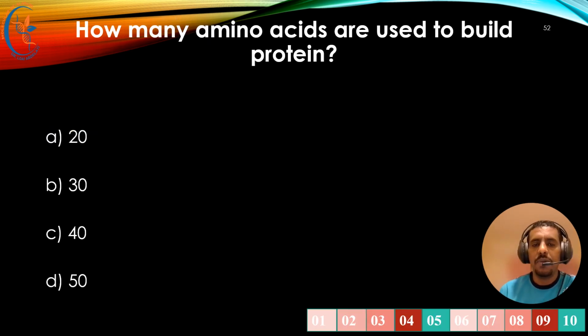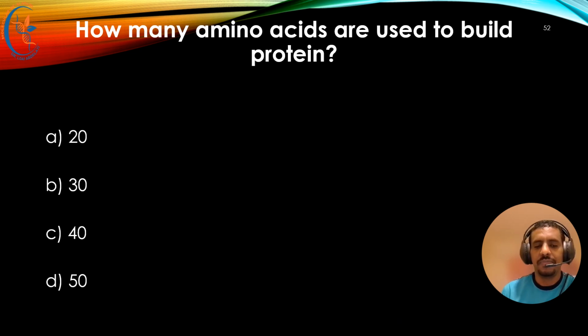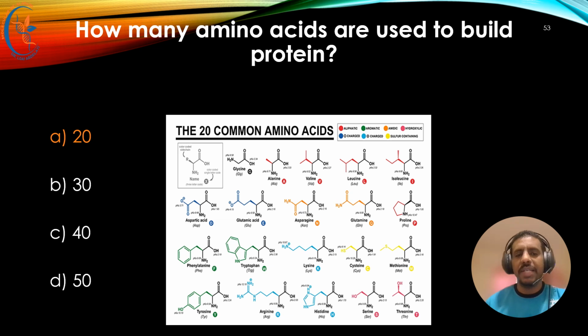How many amino acids are used to build proteins? 10 seconds. Let's go. 20, 30, 40, 50. The correct answer is A. There are 20 standard amino acids that are commonly found in proteins.